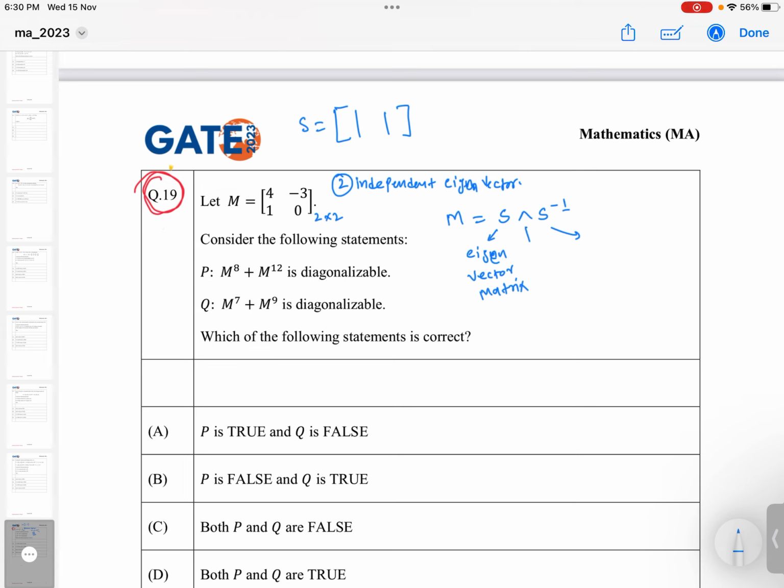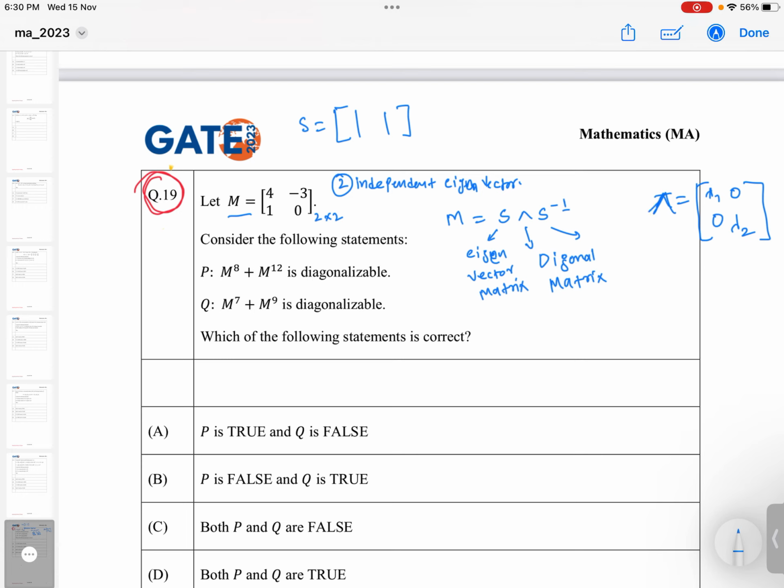Now this lambda is the diagonal matrix. Lambda is a diagonal matrix, so in this case it will be a 2 by 2 diagonal matrix, and on the diagonal positions all the eigenvalues will sit. In this case we have two eigenvalues, so lambda 1 and lambda 2 will sit on the diagonal, and other elements will be 0.